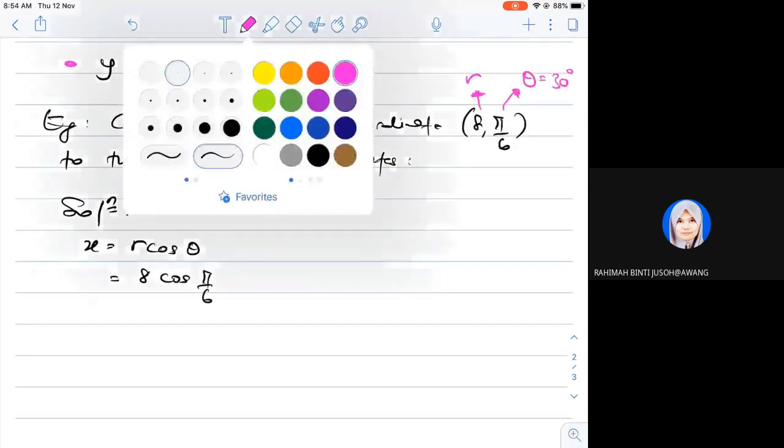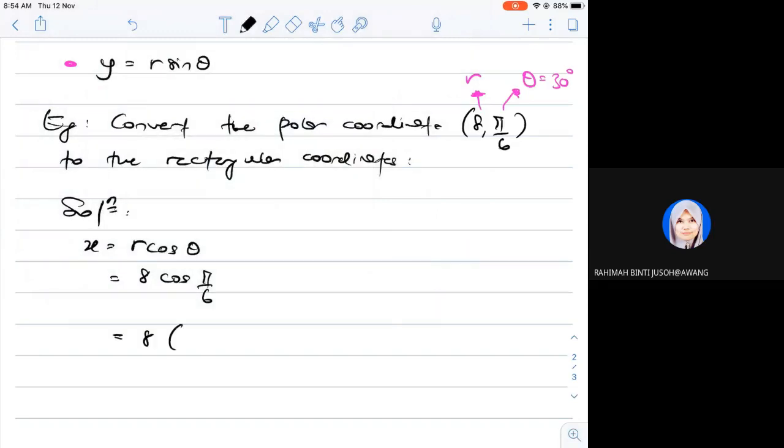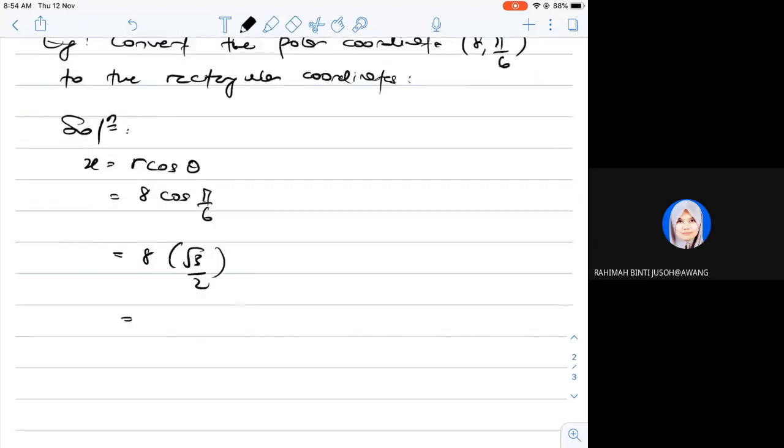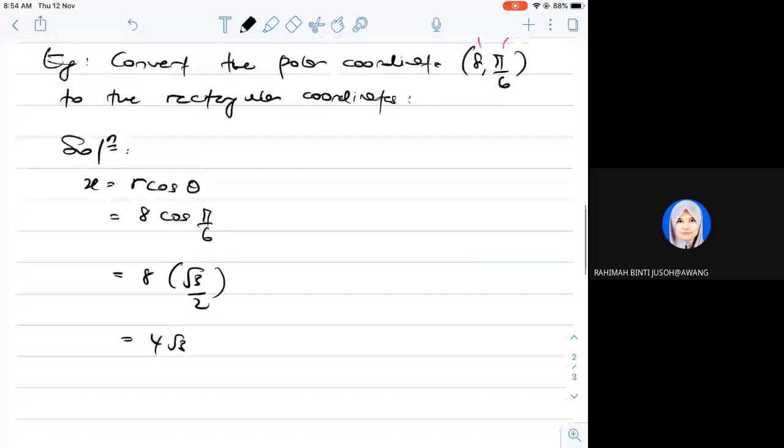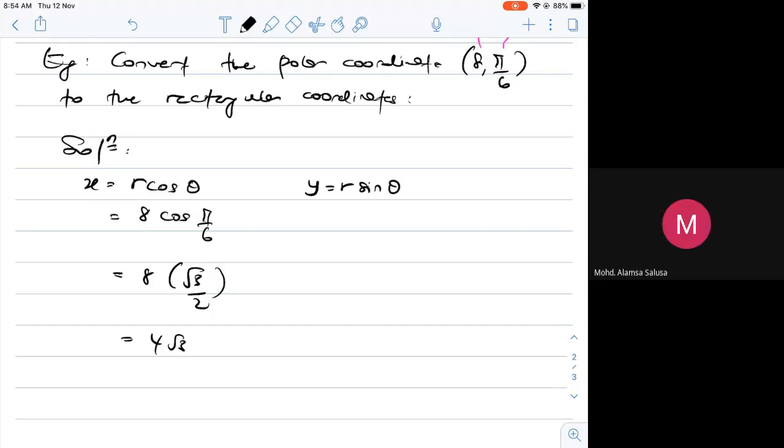In this case, we will have 8 times cos pi over 6, which is square root 3 over 2. So we will have 4 times square root 3, right? Did you get this? Guys, did you get that? Yes, okay.